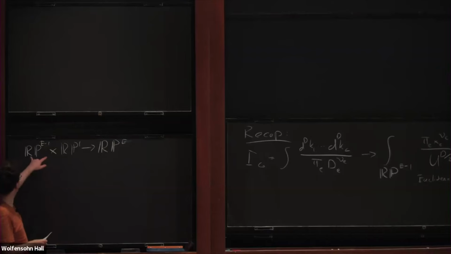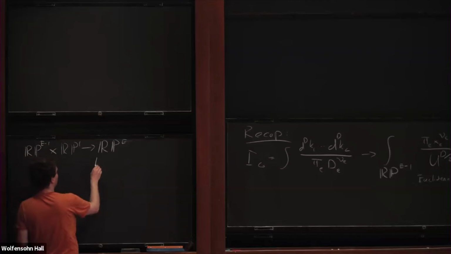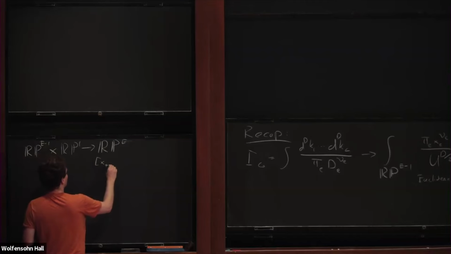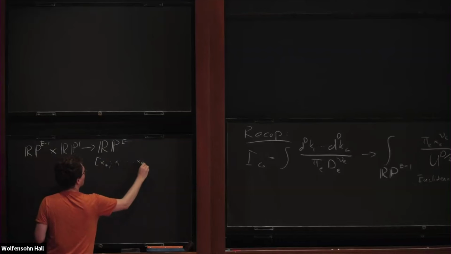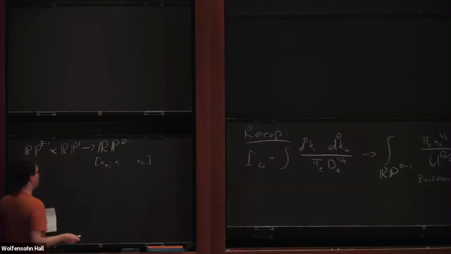So we take the coordinates of this thing, and here we have homogeneous coordinates also in these edges, but we have the extra variable, which I call x star. And here we have, say, x1 prime, xa prime, and xb prime.